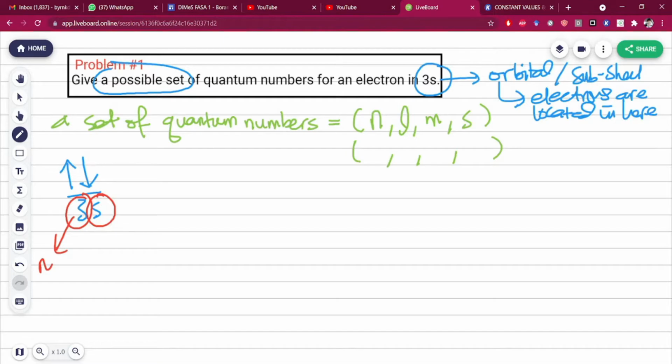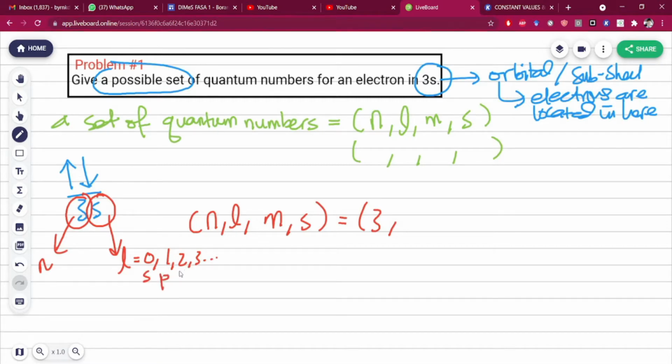And then s will give you the value of L. In this case, for the set of quantum numbers n, L, m, s, you have 3 for n. And s over here, remember, L can be 0, 1, 2, 3, and so on, corresponding to S, P, D, F. So when you have S, your L will be 0.